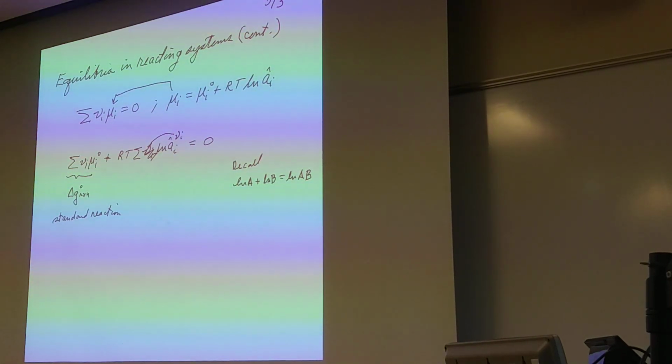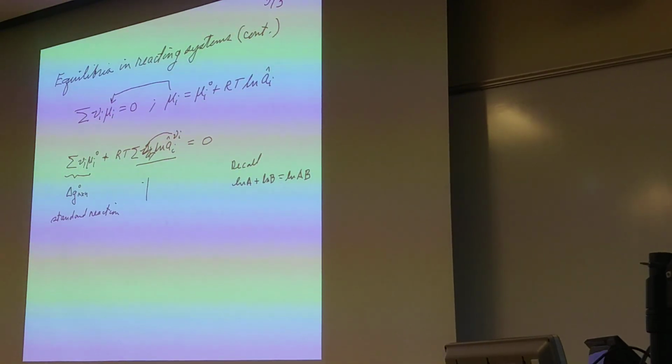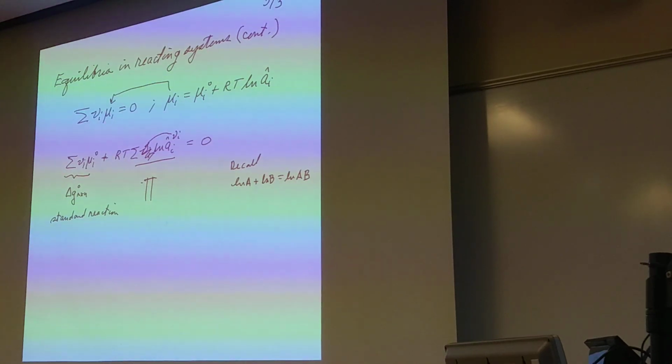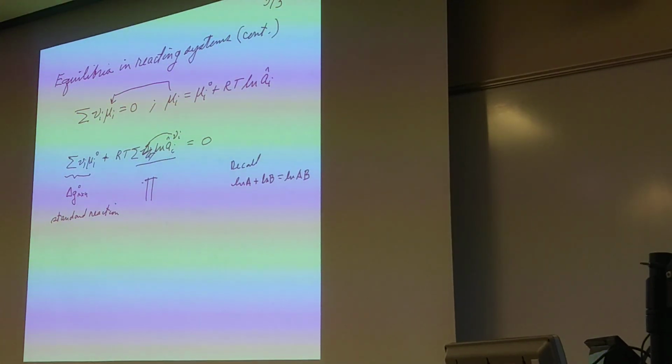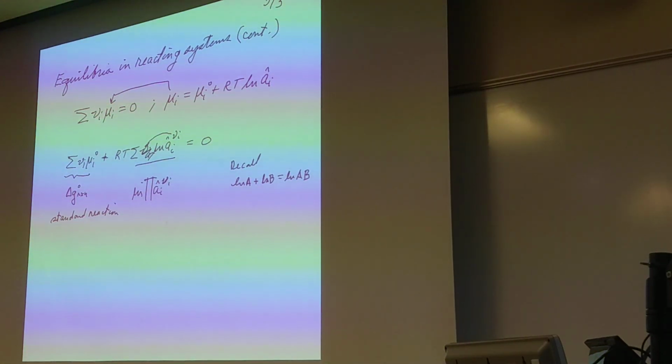So I should be able to write this term as equal to a continued product. So what I end up with here is the log of the continued product of all of these activities, each raised to the stoichiometric coefficient power. It's just a different way of writing out the math. So I end up with this whole term RT times this.